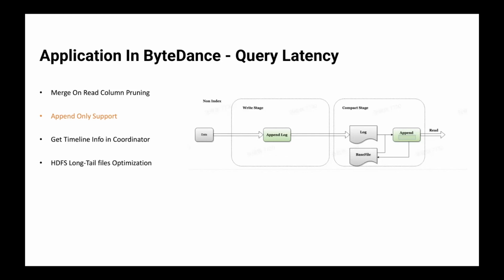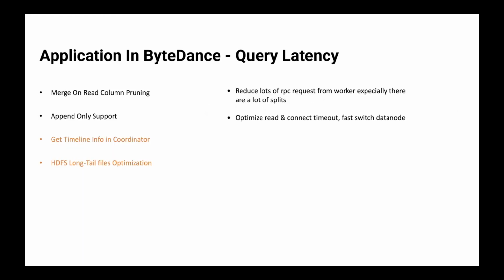And other optimizations, like we get the time info in the coordinator. This will reduce a lot of RPC requests from the workers, especially when there are a lot of splits.